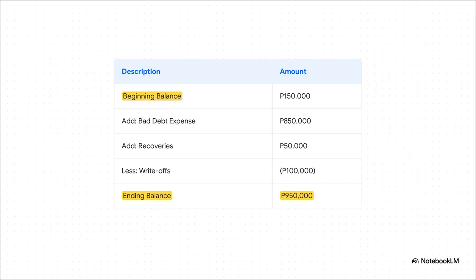And this right here, this is the aha moment. See that P850,000 expense we calculated? It's just one piece of the puzzle. We take the starting balance in our allowance account, we add our new expense, we add back any money we got from customers we'd already given up on, and then we subtract the accounts we officially wrote off this year, and all of that gives us the final ending balance in the allowance account.